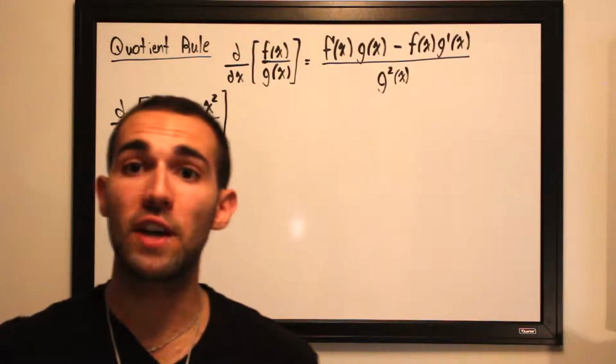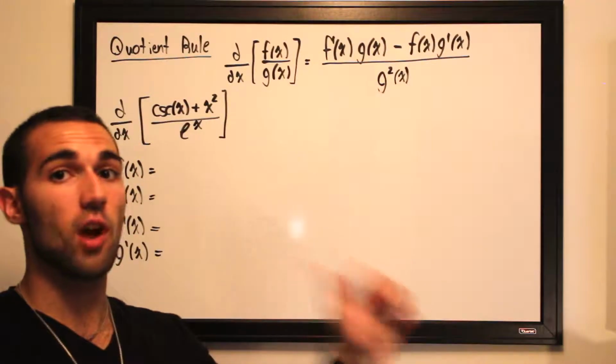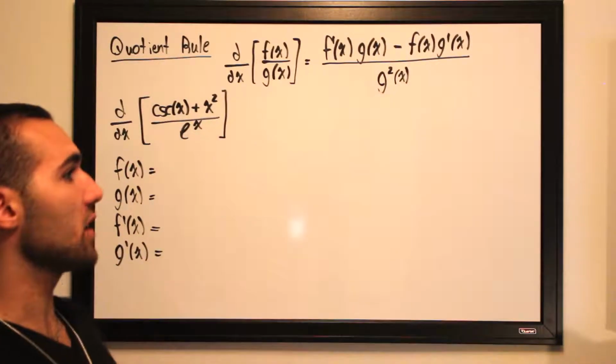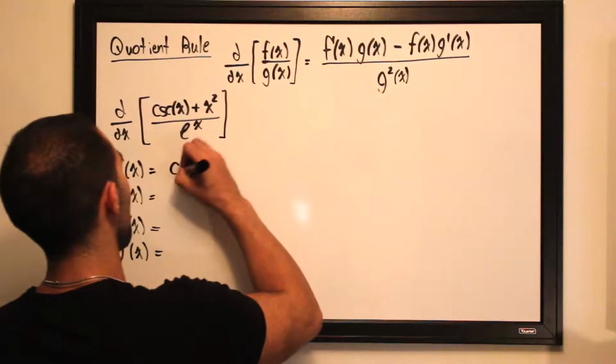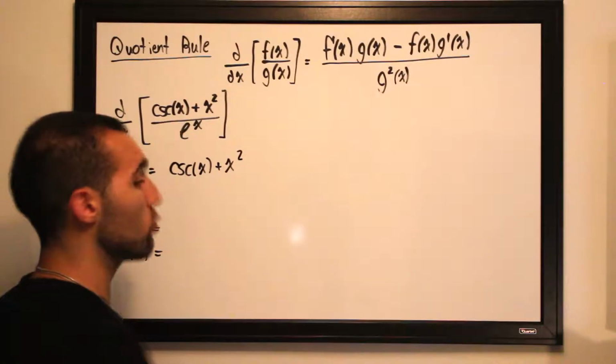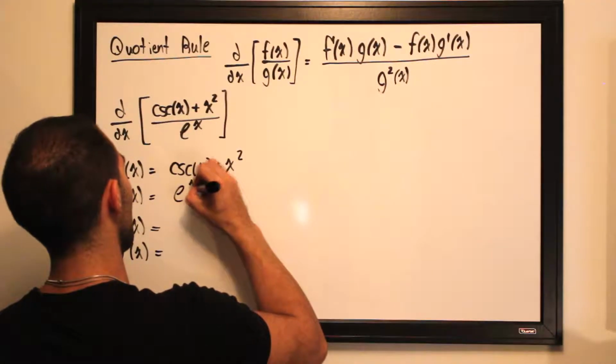This one's a little messy. Now remember that our f of x will always be the contents of the numerator. The fact that there's a plus sign in the middle does not matter. Essentially, our f of x will be cosecant of x plus x squared. Our g of x will be what's in the denominator, which is e to the x.